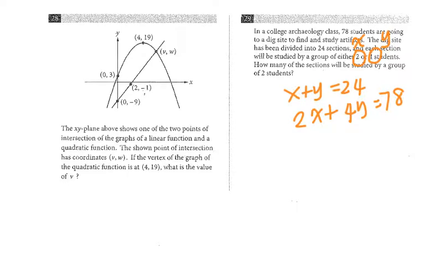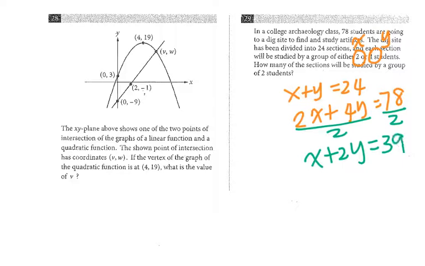You can put into calculator, get the y1, y2, and find the intersection. Or this is an easy way to do, just doing subtraction or addition. For 2x plus 4y equals 78, I can divide it by 2 first. So you get x plus 2y equals 39.